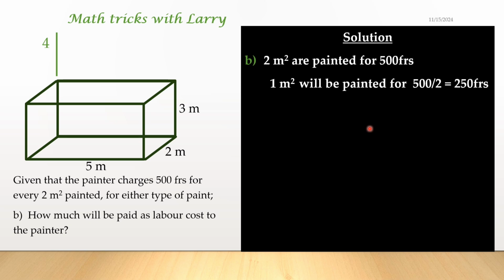But now, when we look at it, you realize that the labor cost would be 250 francs times the total surface area. That is the interior and the exterior, the internal and the external surface areas, that will give us the total surface area times 2. Now, why are we multiplying it by 2?